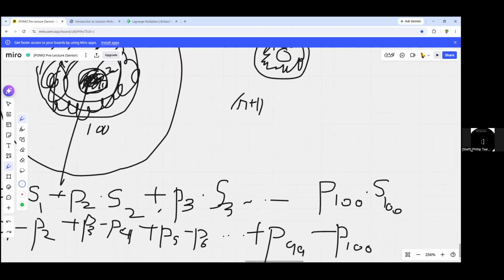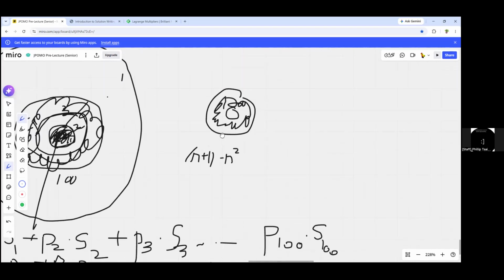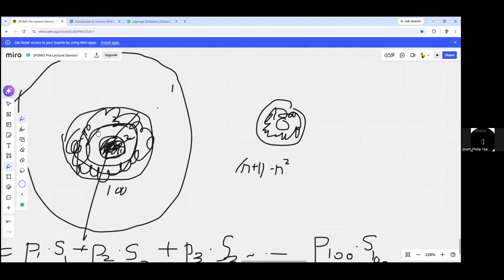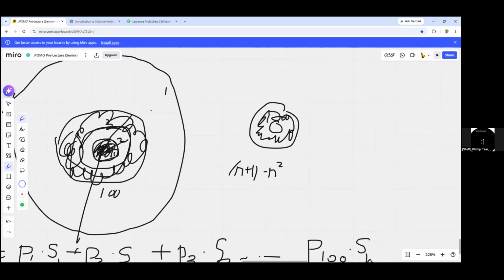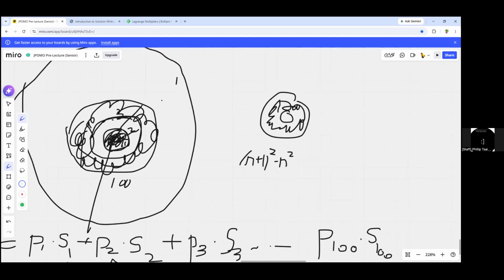Oh, Andrew, yeah, you're right here. So, but basically, it's n plus 1 squared minus n squared for the area of each ring. And where do we start? From this ring here?